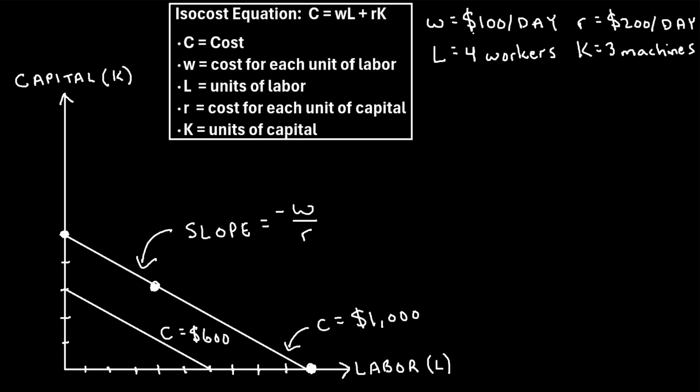In our example, that's negative 100 divided by 200, which is negative 1/2. That is the slope of this isocost line.